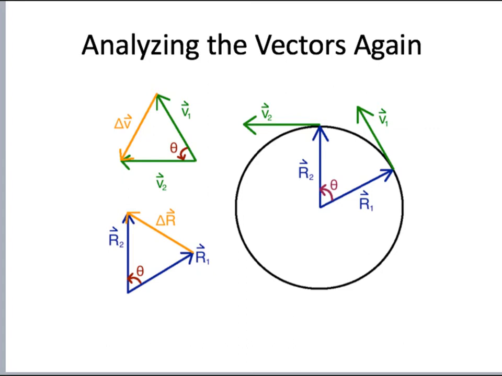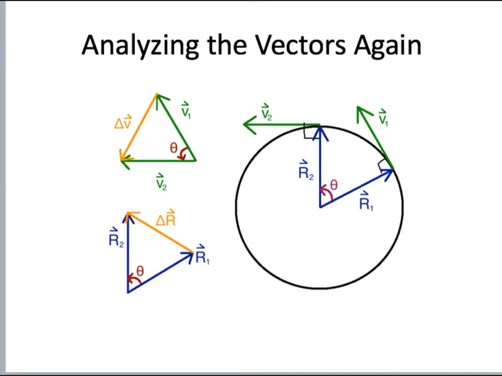Now there's one thing that may not be obvious. From the picture, it is obvious that R1 is going to swing up to R2 through some angle theta. But what may not be immediately obvious is that the angle between V1 and V2 must also be theta. Why is that? Remember, we said that these vectors have to maintain a right angle. So from R1 to V1 is a right angle, from R2 to V2 is a right angle.